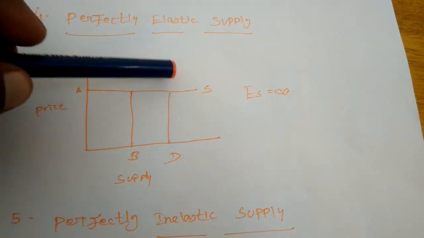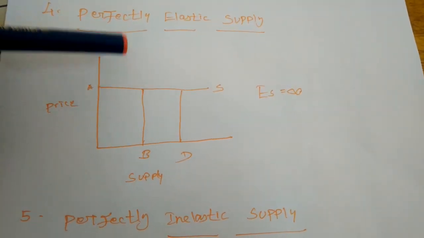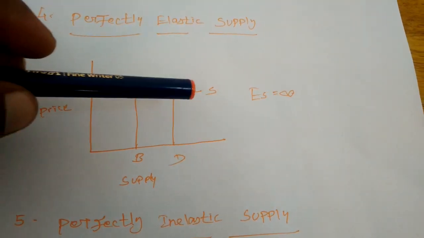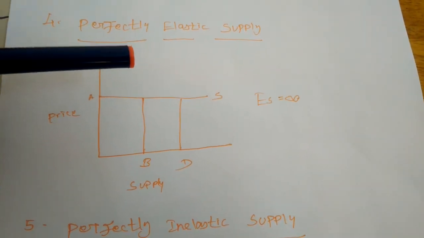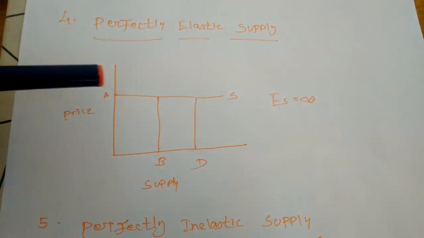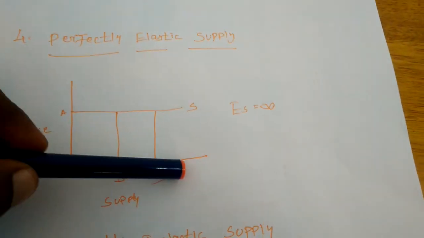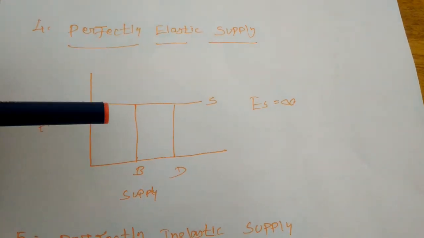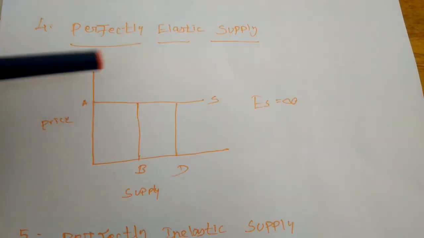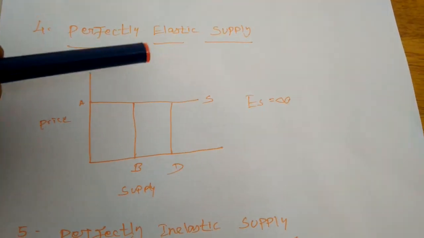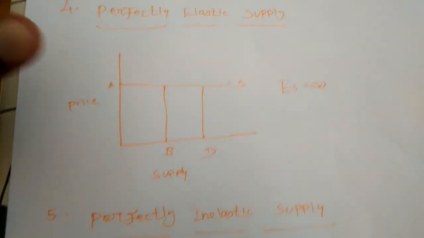There is no end, because even a slight change in the price will bring more profit to the producers. So this type of supply is considered perfectly elastic supply. Perfectly elastic means a slight change in the price of the commodity will bring more supply.